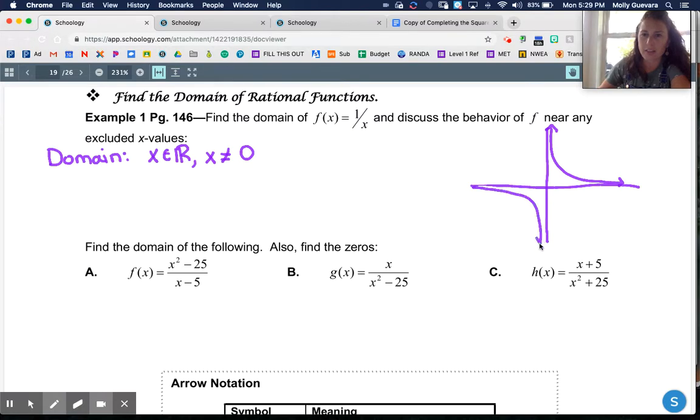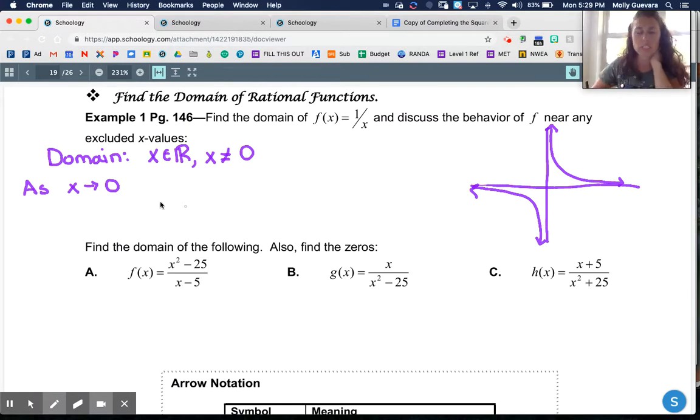Okay. Something like that. So we have to actually look at what's happening as x approaches 0. We're going to use some new notation here. As x approaches 0, but from what side? From this side, because it's in quadrant 1 here, but it's in quadrant 3 here.